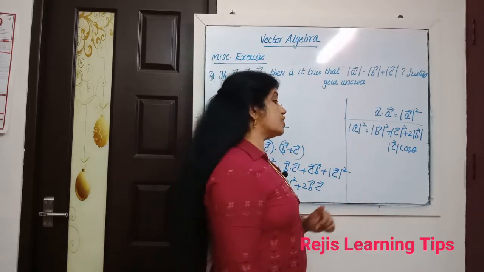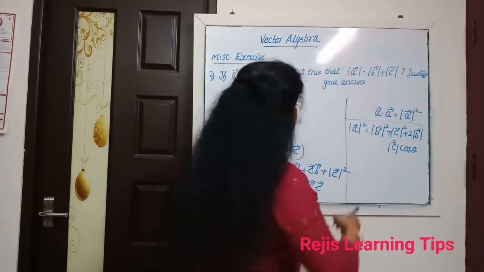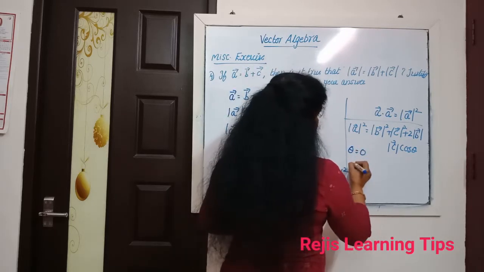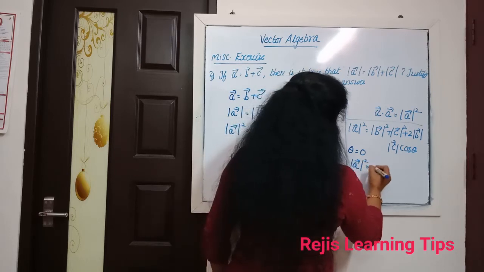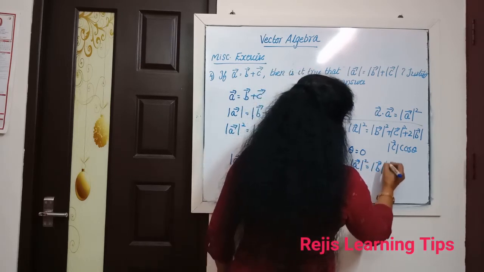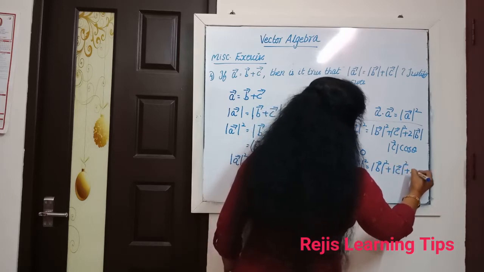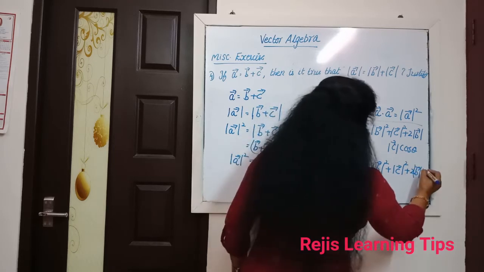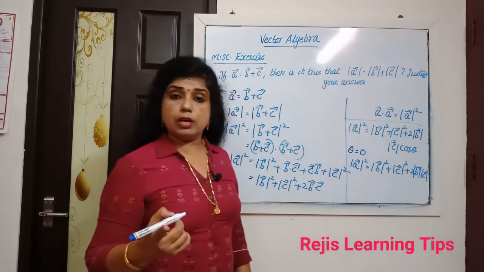Here theta is the angle between B and C. If theta is equal to 0, then magnitude of vector A square is equal to magnitude of vector B square plus magnitude of vector C square plus 2 magnitude of vector B magnitude of vector C cos 0. Cos 0 is equal to 1.